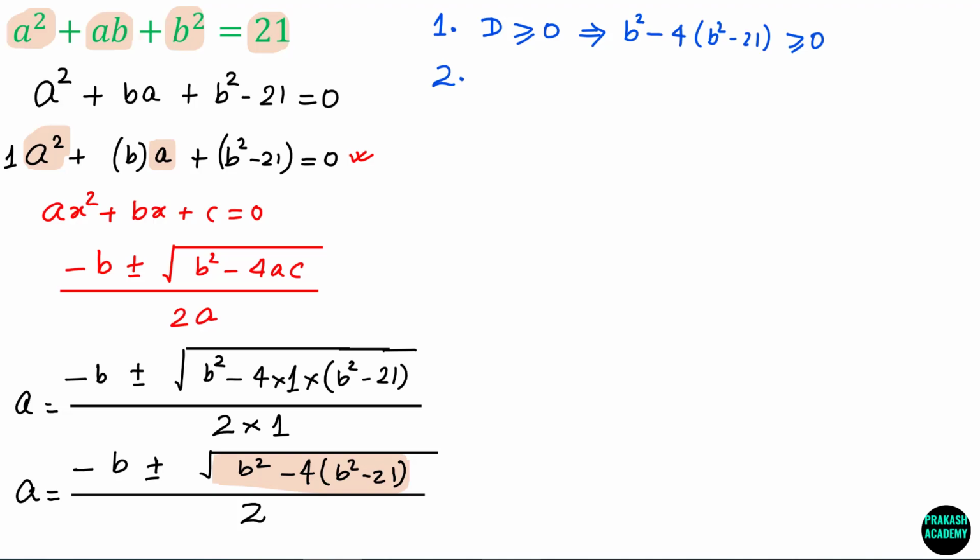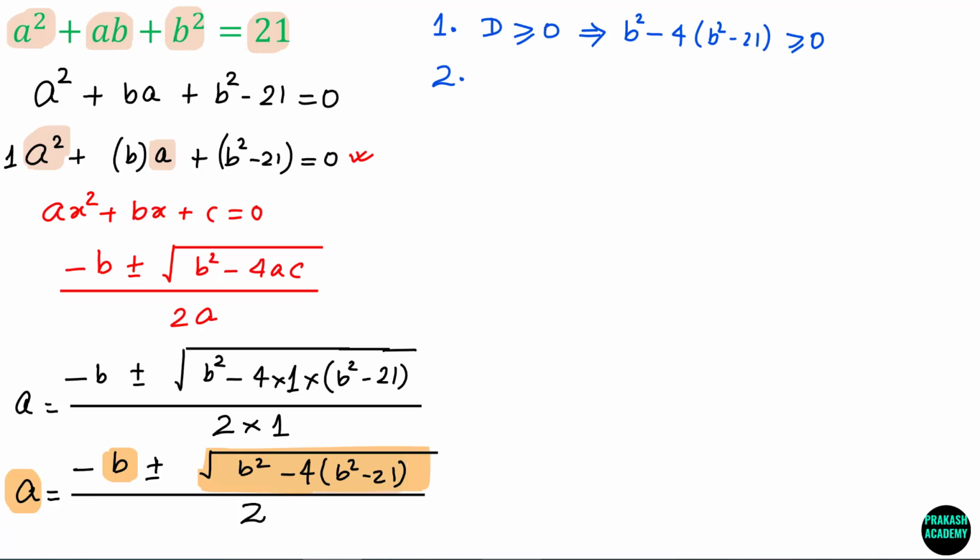Now a is an integer. This means if a is an integer and it is also given that b is an integer, we should have a perfect square here. So this thing should come out of the square root. So we can say the term inside the root should be a perfect square.